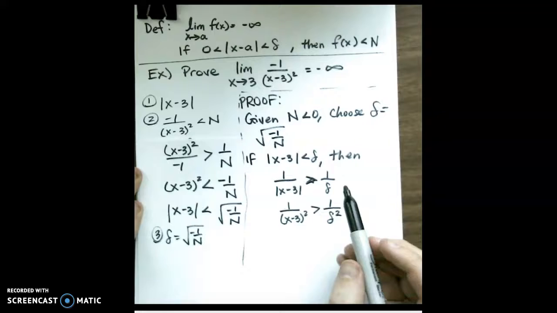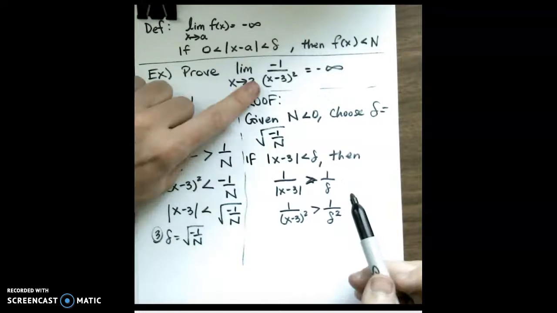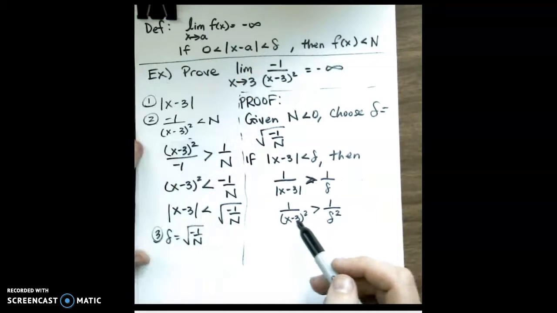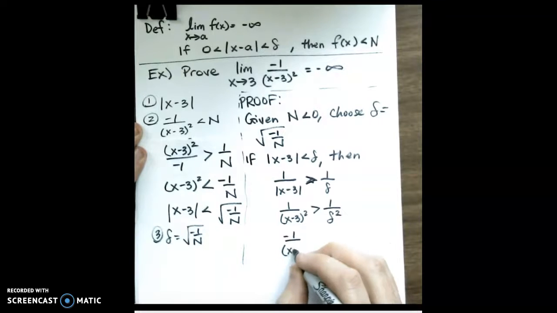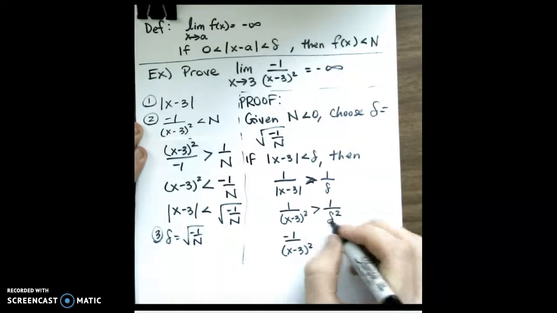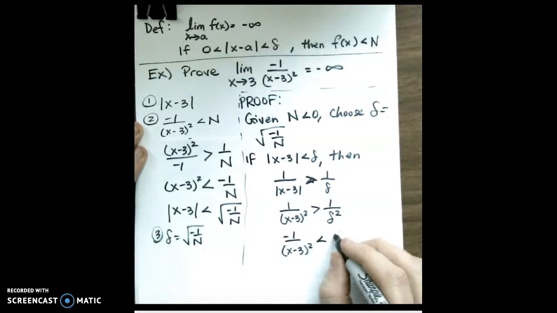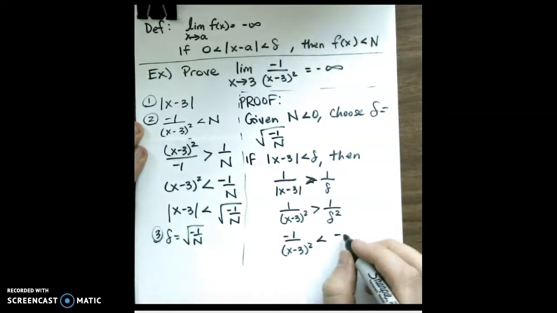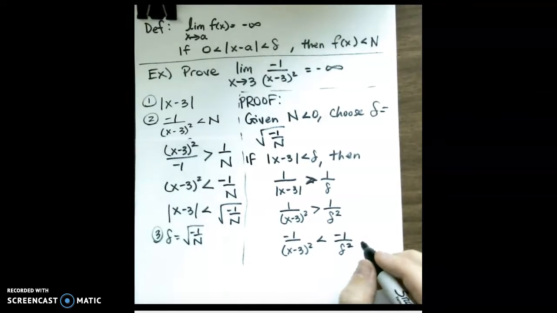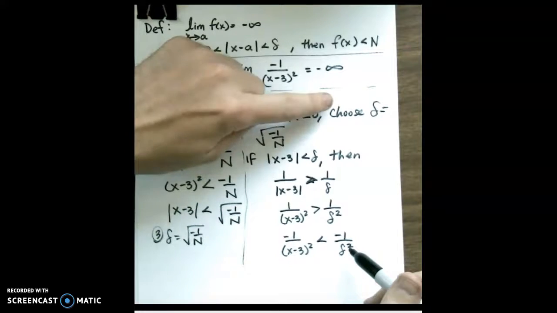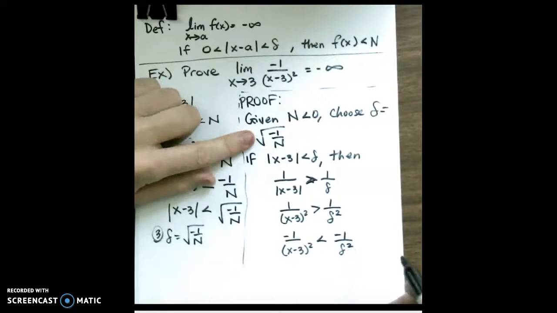Then I want that negative, because I'm trying to get to my function. I want to multiply both sides by a negative, but when you do that, your sign flips. Okay, so I got here. Now that I have my original function, I'm going to plug in my delta that I chose.